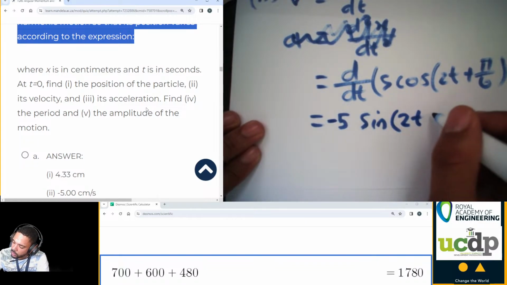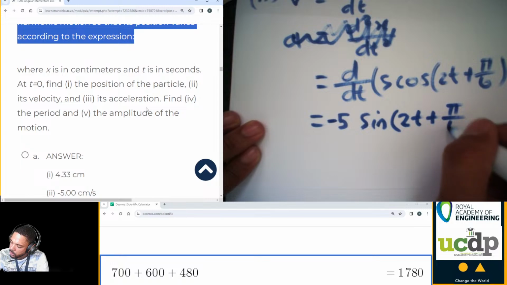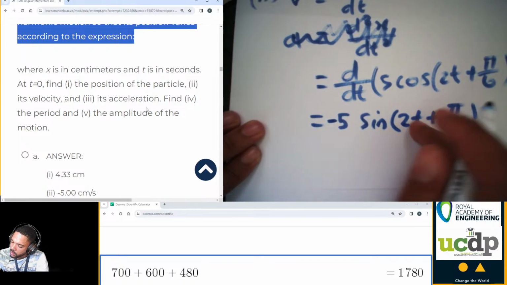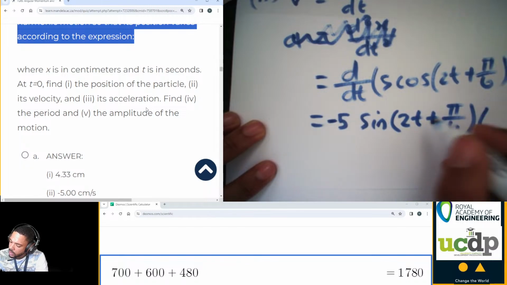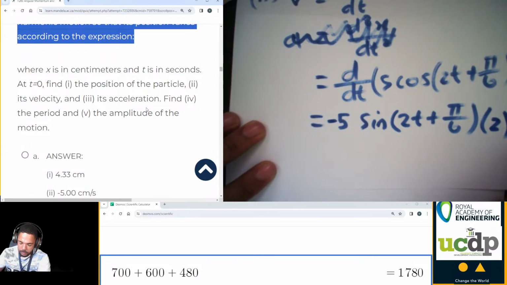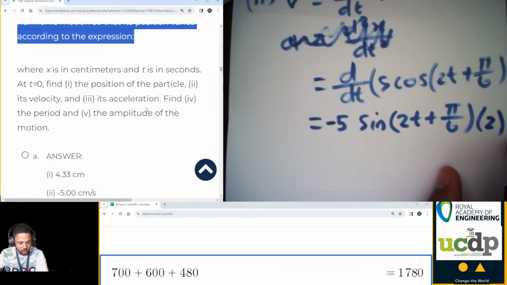It's 2t plus pi over 6. We're using the chain rule, and then multiplying by the derivative of what's inside, which is just 2.